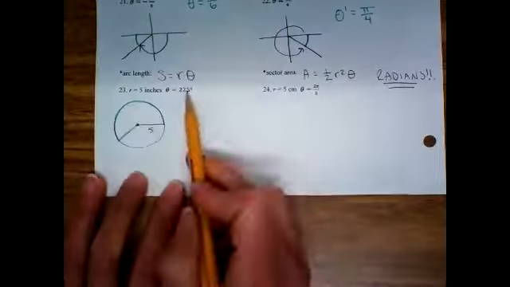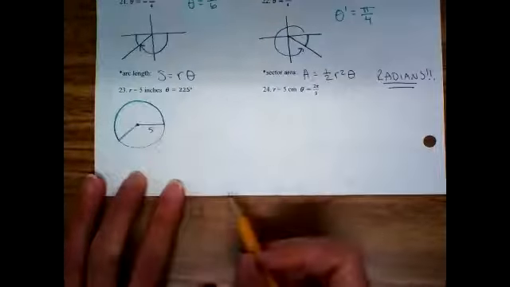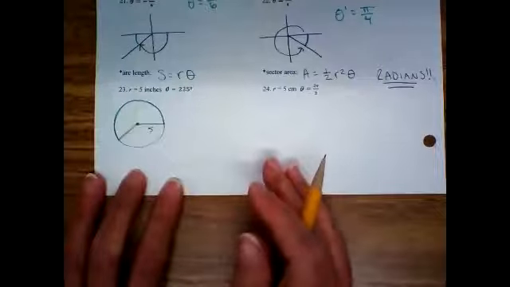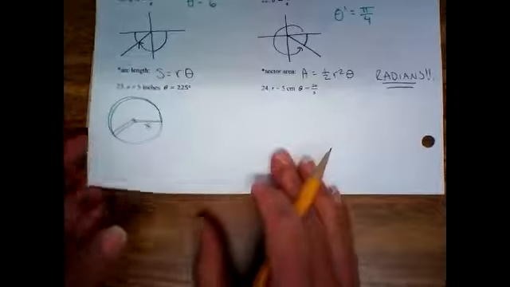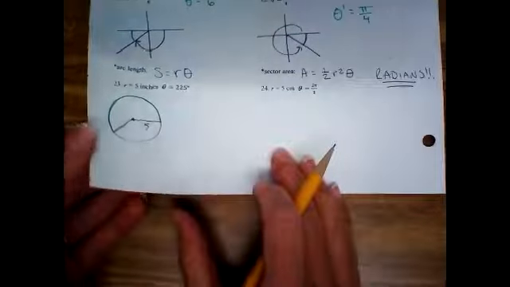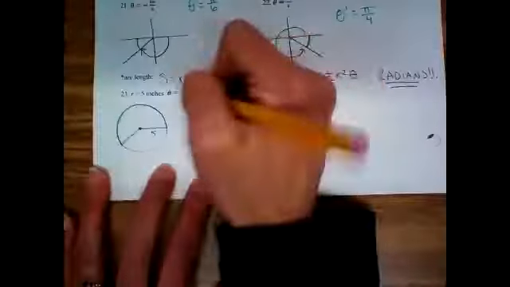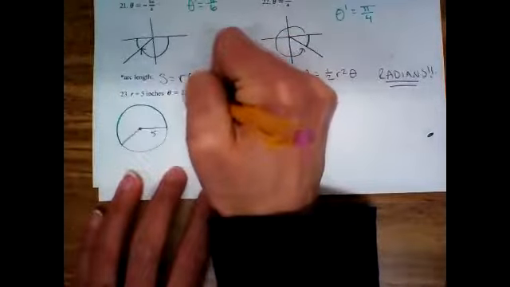Now here's the only thing, that's in degrees, so we have to change it to radians. I feel like we may have done 225 degrees earlier today. You want to look through and see if we already converted that one? If not, we can do it. But if we already did it, I'm not going to make you do it again. Did we do 225? No? Okay, that's fine. We can do it. We will multiply by pi over 180.